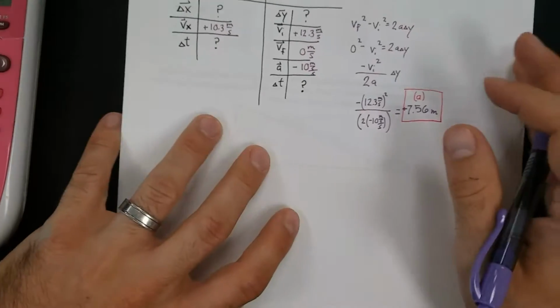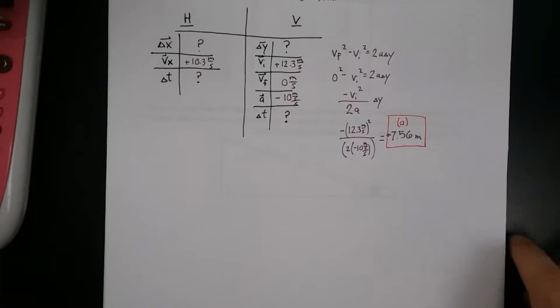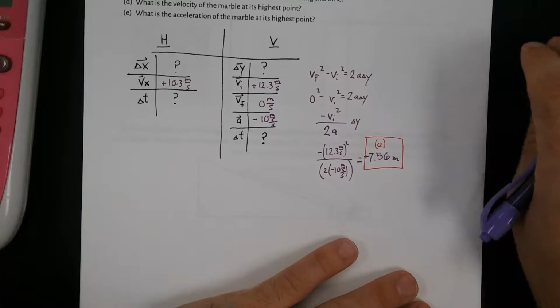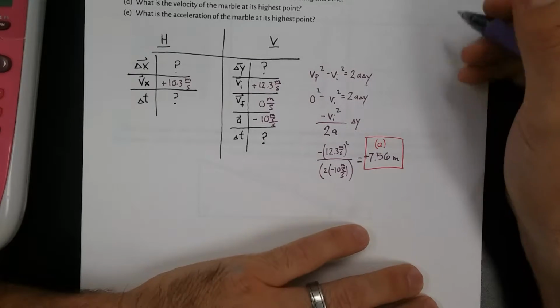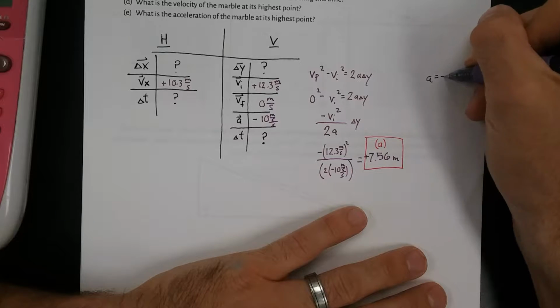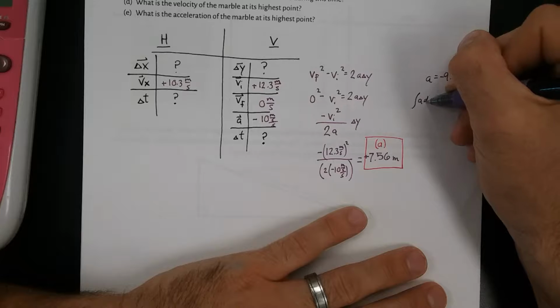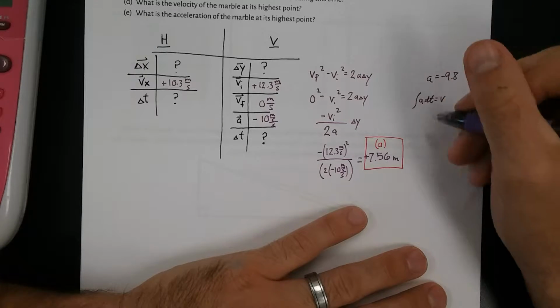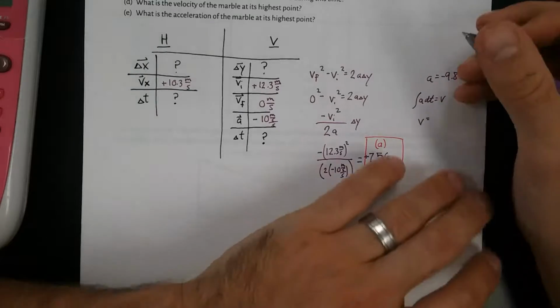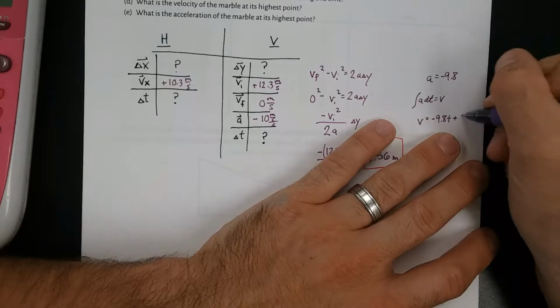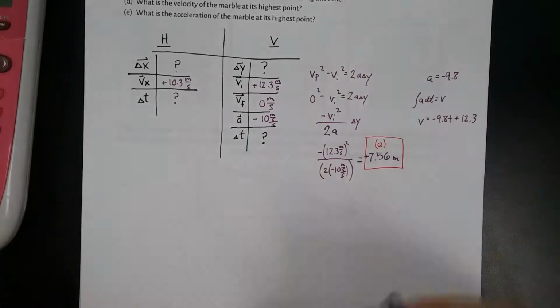B, how much time does it take for the marble to reach this maximum height? Certainly there are calculus things you could do here. You could say that the acceleration is negative 9.8, and if the integral of a dt is the velocity, then the velocity equals negative 9.8t plus 12.3.